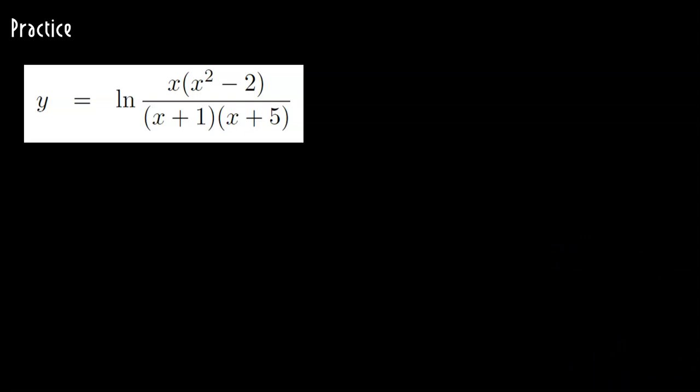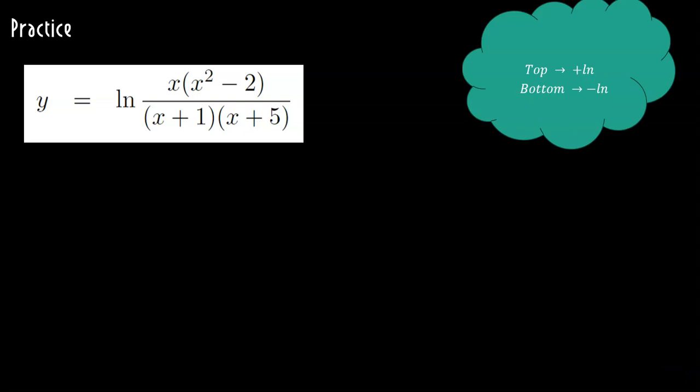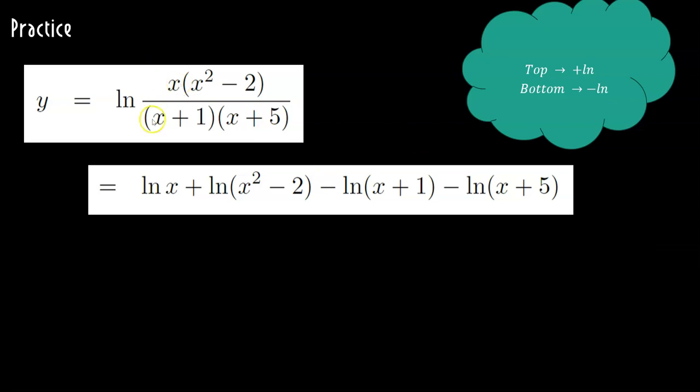But remember, laws of logarithms. If it's on the top, it's going to be a positive natural log of whatever it is. And if it's on the bottom, it's going to be a negative natural log. So I can rewrite this as: x is on top, natural log of x; x squared minus 2, positive natural log of x squared minus 2. These two are on bottom, so I have minus natural log of x plus 1, minus natural log of x plus 5.